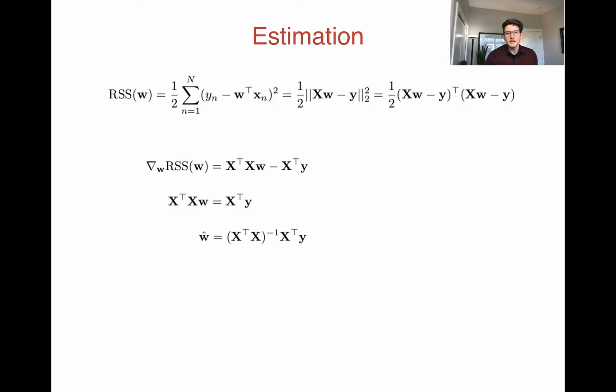Okay, let's take the derivative of this thing. So the derivative with respect to w, note that we're doing this with respect to the entire w vector. We're going to be able to do it in one shot. We're going to take the derivative of this thing here. Let's expand it a little bit. It expands into 3 terms.